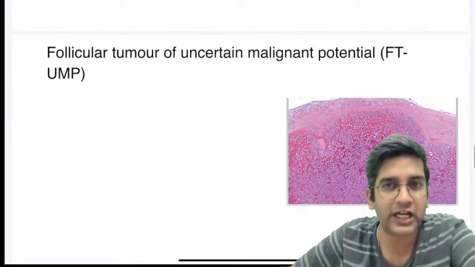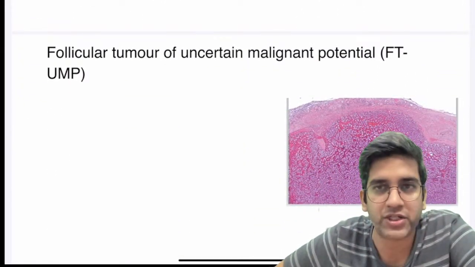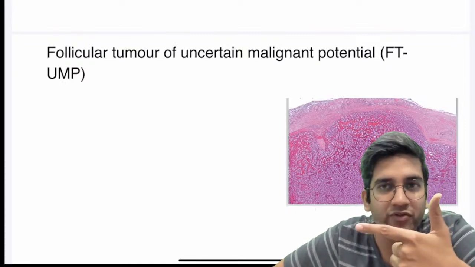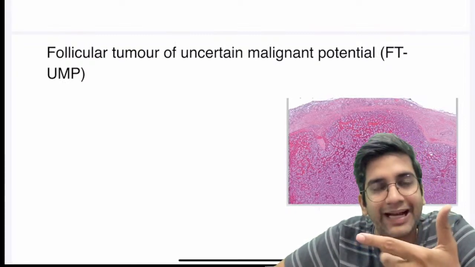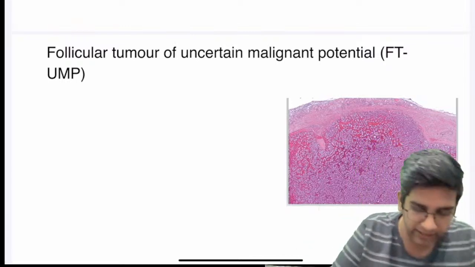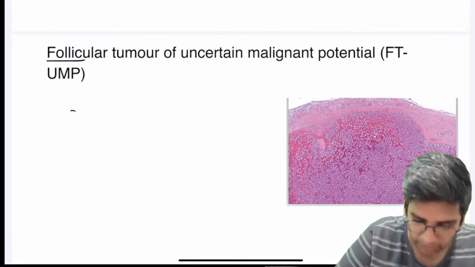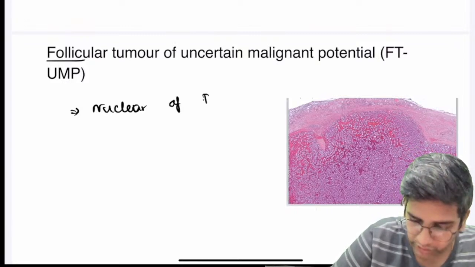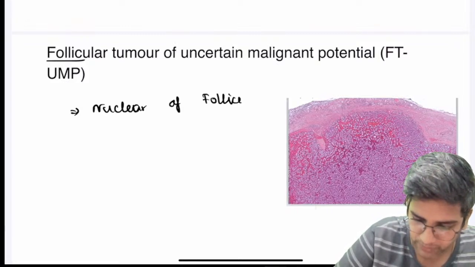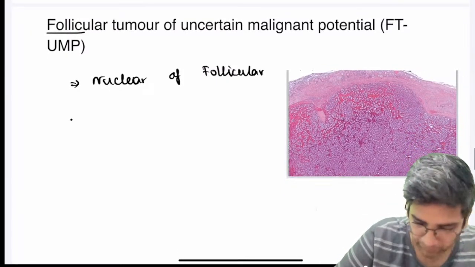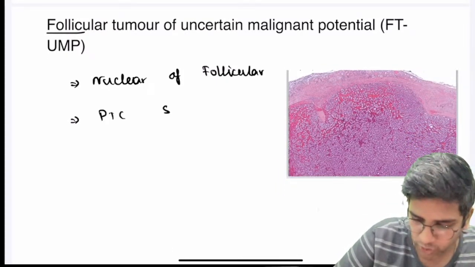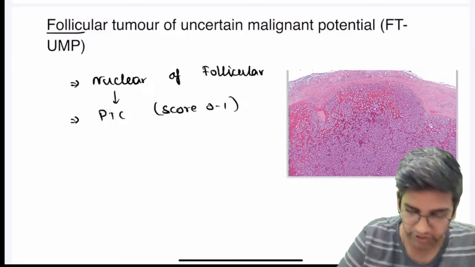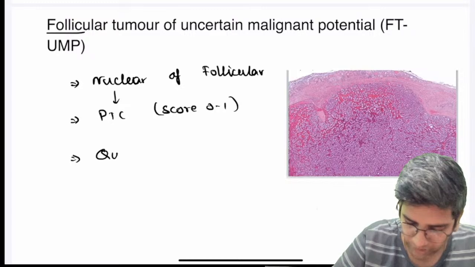What we call the follicular type of uncertain malignant potential is where you have tumor cells that are regular, that lack nuclear features of PTC, but I have a questionable invasion. I call it FT-UMP because it is a follicular tumor. You have the nuclear features of follicular tumors or follicular neoplasms. PTC features should be score 0 or 1. It should not touch 2 PTC nuclear features, and I have a questionable invasion.